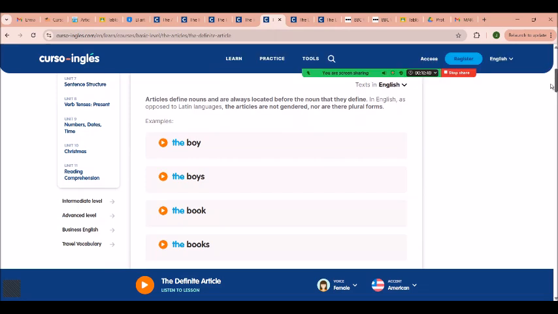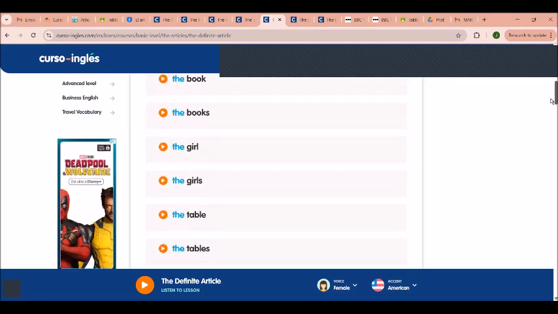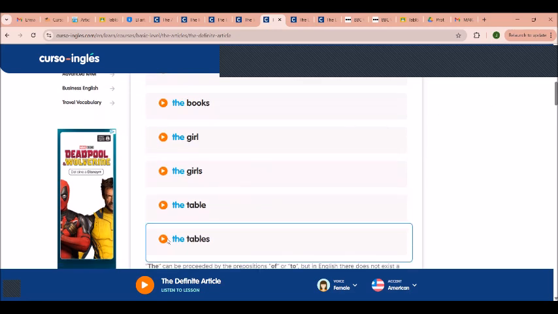While in Spanish we have la and el for the definite articles, in English we have one, the. We can use it for singular nouns, the boy, as well as plural nouns, like the table.